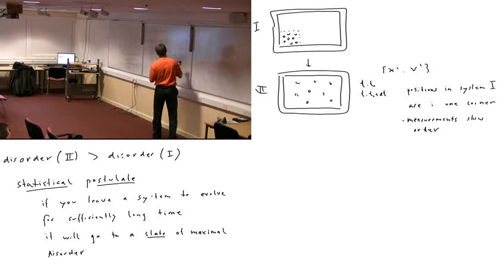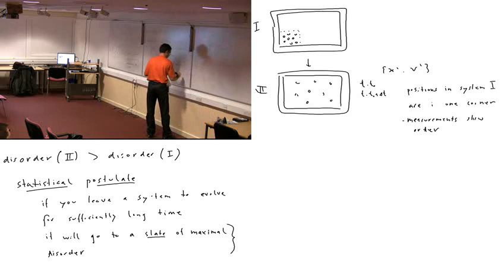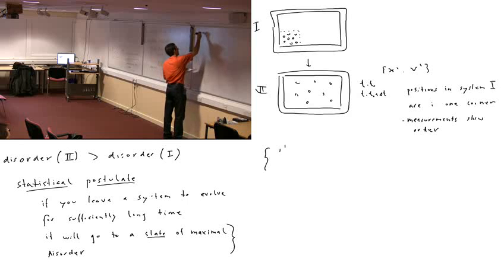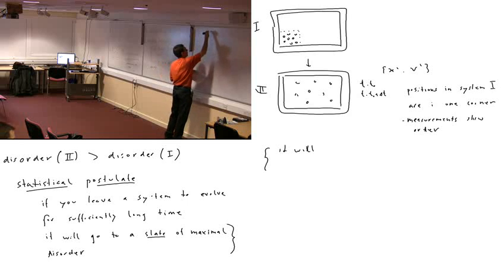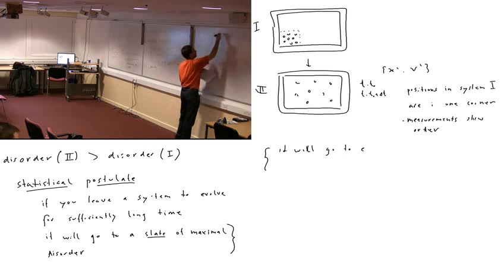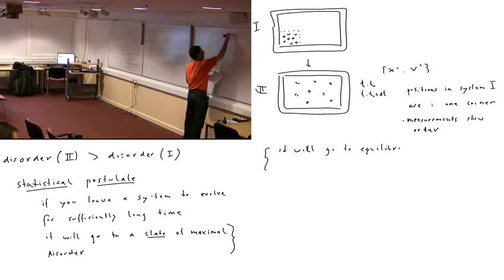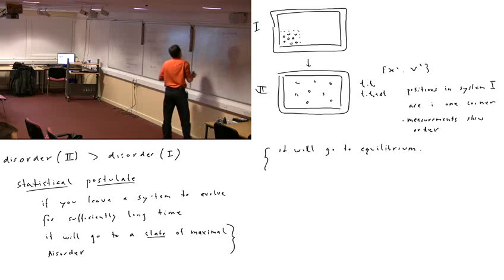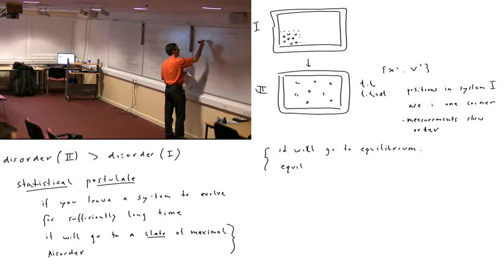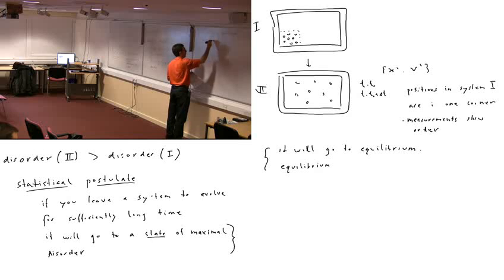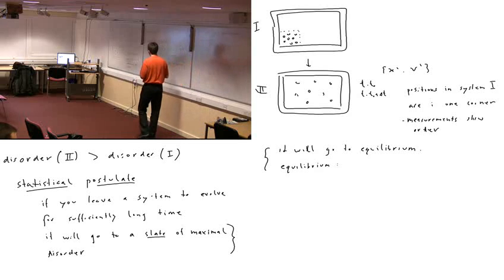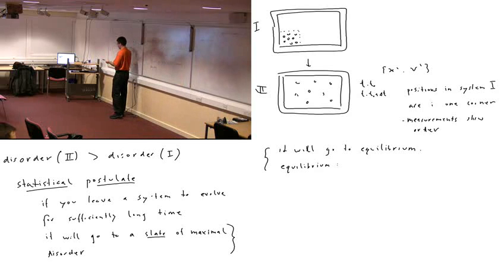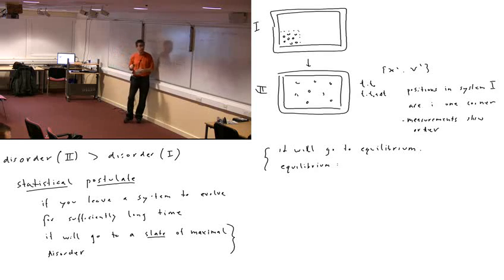So a different way to say this, which is maybe more precise, is, instead of saying we'll go to a state of maximal disorder, I will use a different formulation and say it will go to equilibrium, where equilibrium is not just a single state where all the positions and velocities of the particles are fixed, but it's an ensemble of microstates which is such that that ensemble has the maximal disorder.